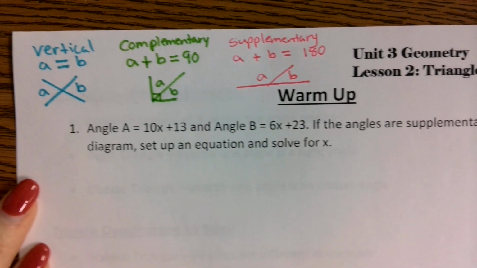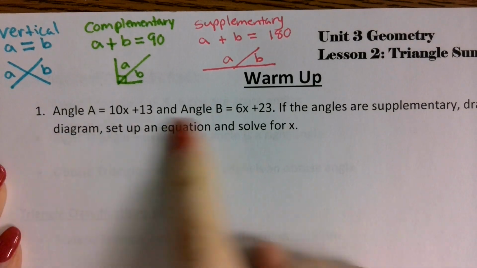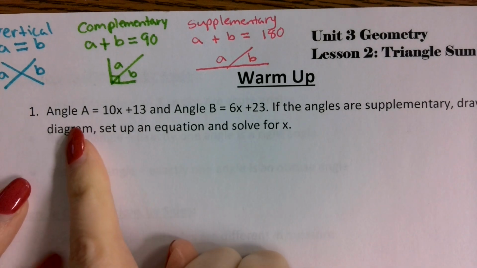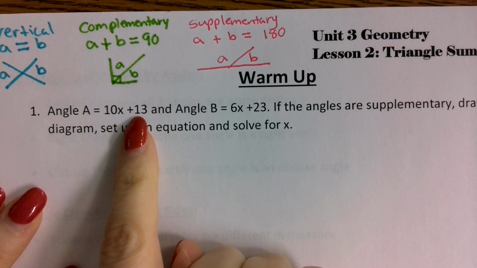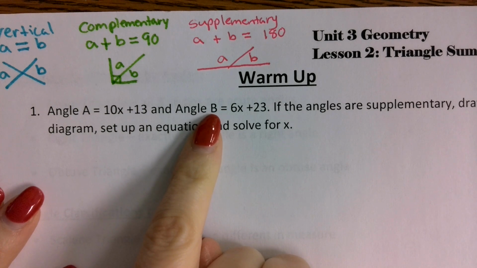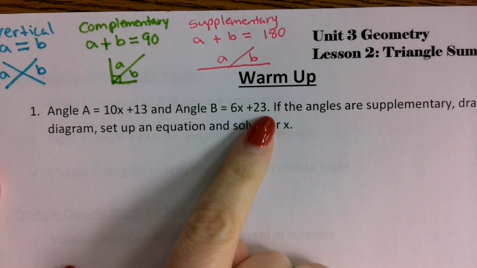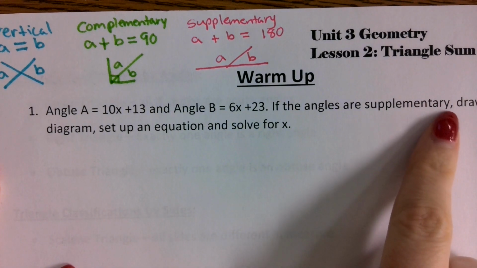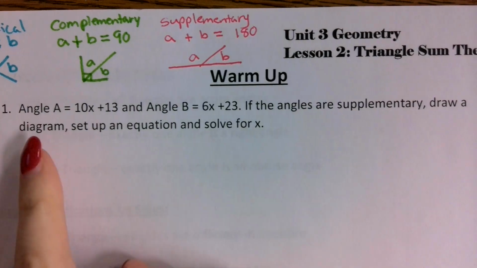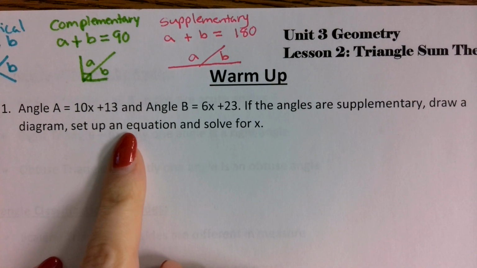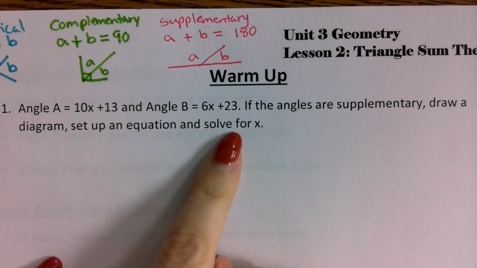Okay, so with that information, we're going to go ahead and work each of these problems out. For problem 1, angle A is equal to 10x plus 13, and angle B is equal to 6x plus 23. If the angles are supplementary, we want to draw a diagram, then set up an equation, and then solve for x.